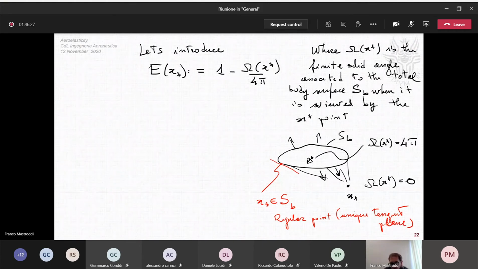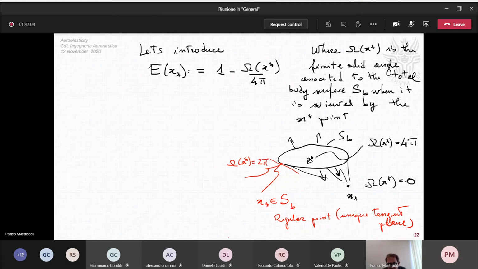In this case, when you are here, how do you see? What about your view of your surface? You may see half universe, okay? Because you are a point trying to see a surface. And so in this case, omega in x star is equal to 2 pi, half sphere.